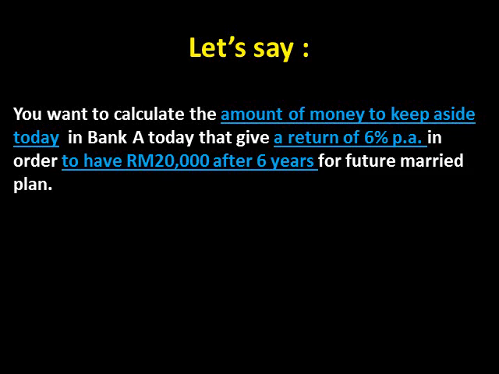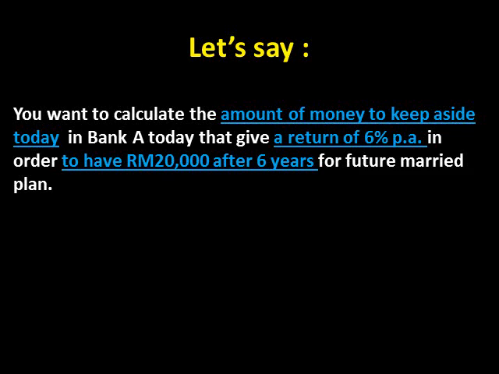You want to get married in 6 years, and you want to calculate how much money you need to save today. So the keyword is today. When you see the word today, calculating how much money you need to keep today, that is present value.